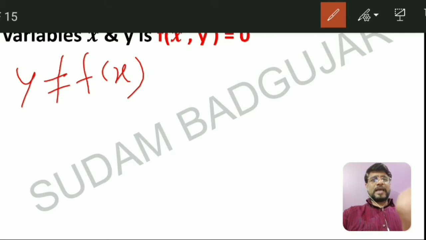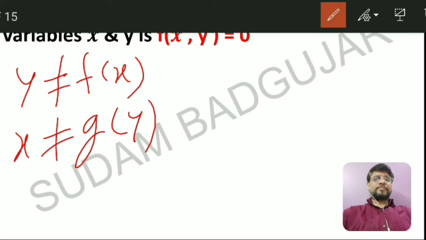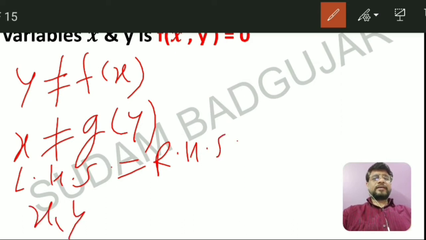If y cannot be expressed purely as a function of x, or x cannot be written purely in terms of y, meaning the LHS and RHS both contain x and y and we cannot separate them, and sometimes the RHS is 0 or a constant number, then such functions are called implicit functions.